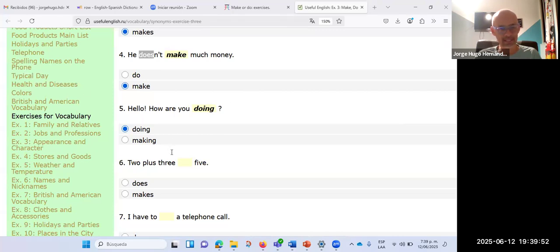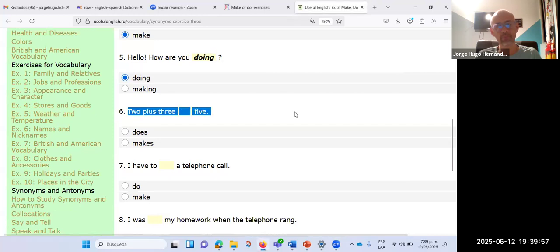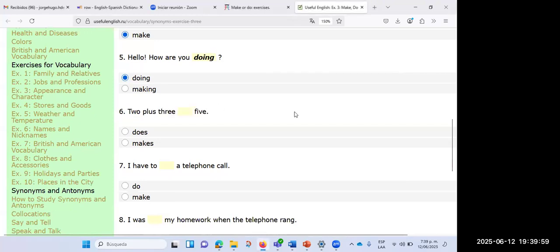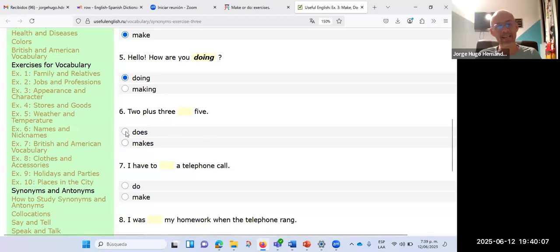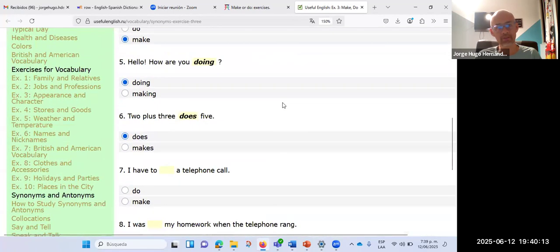Number 6, Santiago. 2 plus 3. Well, 2 plus 3, that's 5. That's 5, you say, okay. 2 plus 3, that's 5. We are going to check this out later.